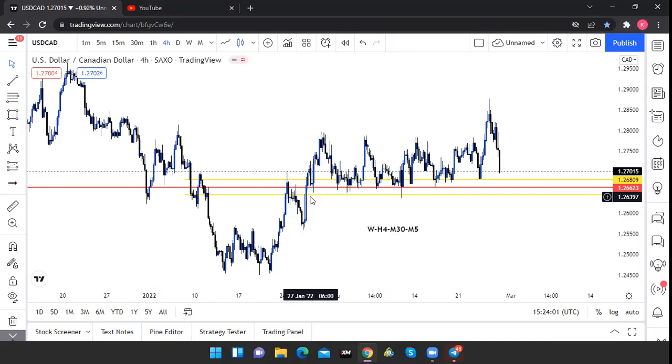Okay, clear? Okay, for the international, what your friend is asking, the first question is: is it necessary to mark all the key levels? Because it is quite confusing, right?